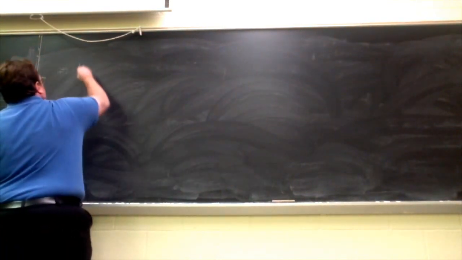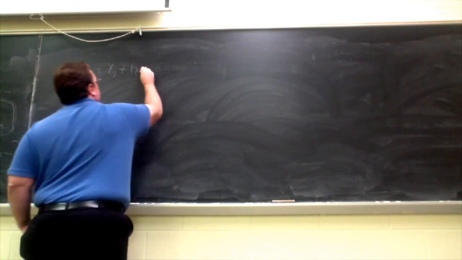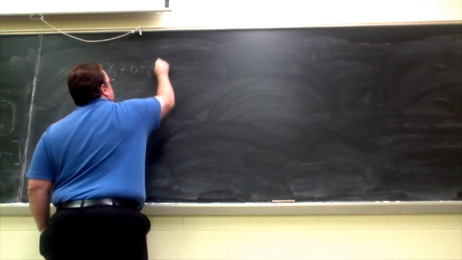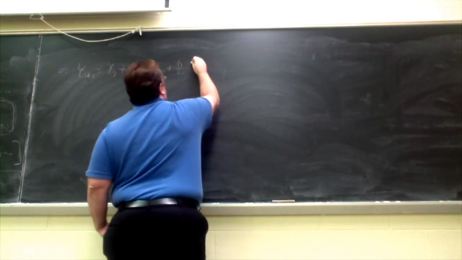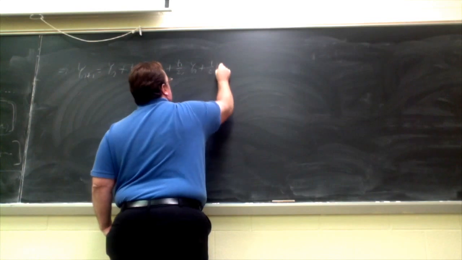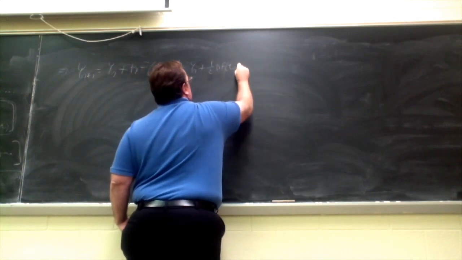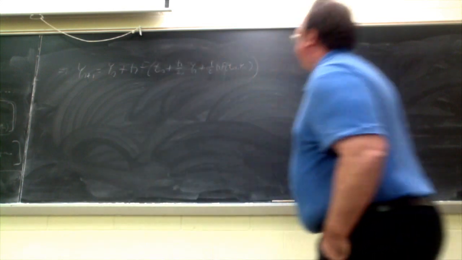Okay, so what does the method look like? I'll write it two different ways. What we have is y_{n+1} equals y_n plus h f of (t_n plus h over 2, and then y_n plus 1/2 h f of (t_n, y_n)).